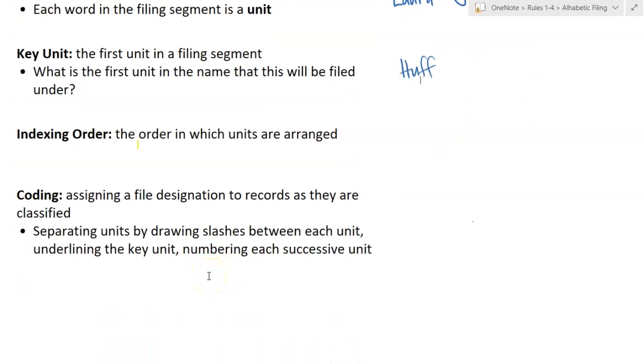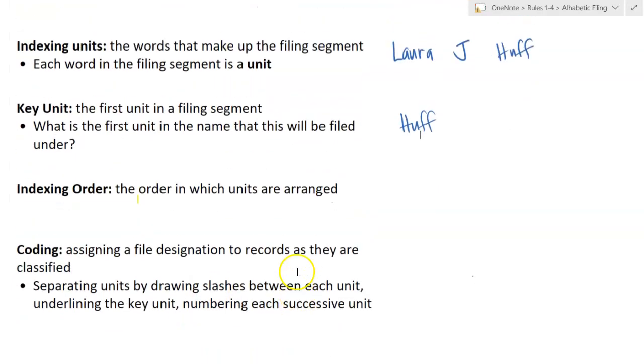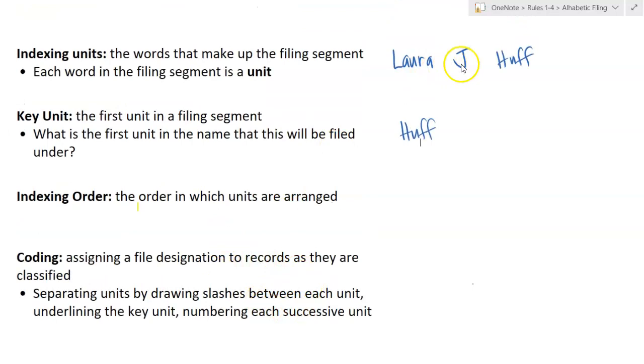The indexing order is the order in which each of these three units, in this case, are arranged. As I just mentioned, it would first be filed by her last name, and then her first name, and then her middle initial.